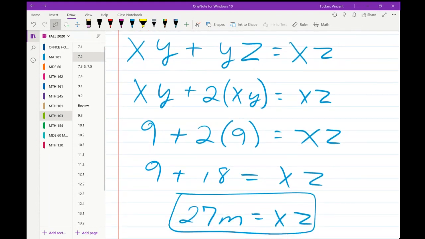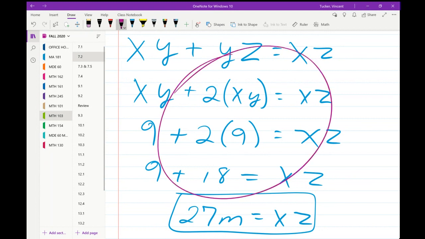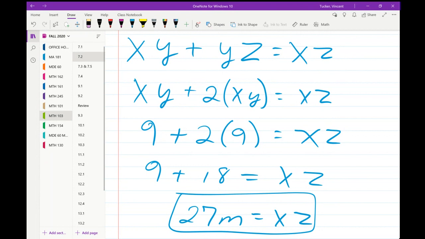So the whole segment of XZ is equal to 27. XY is 9, and YZ is 18. So they wanted this answer right here. Once again, even if you don't write the whole process out, that is still the process you would take mentally as far as calculating what's going on.